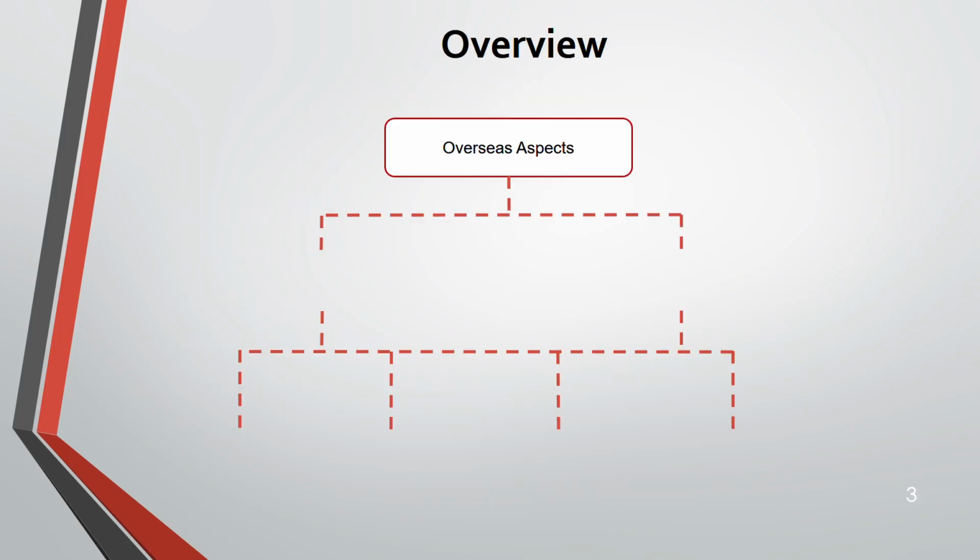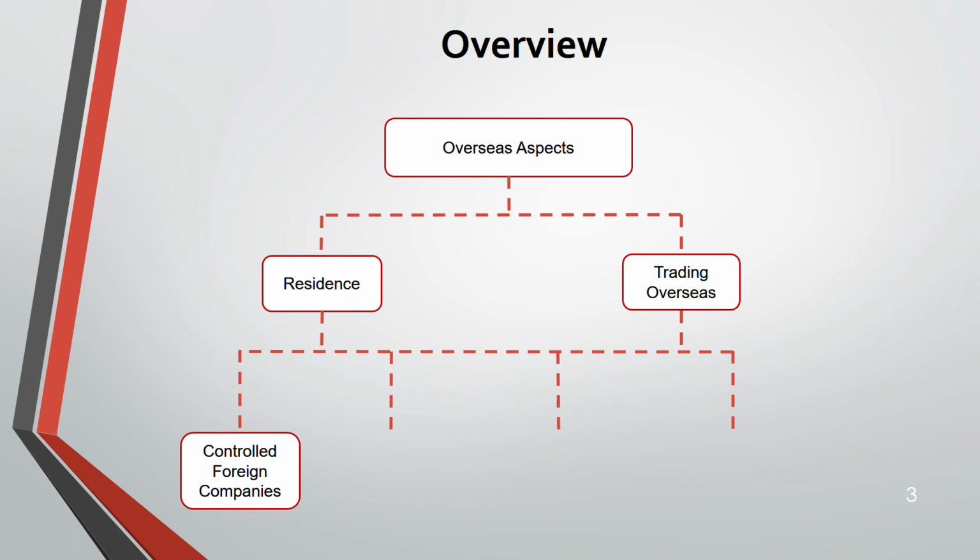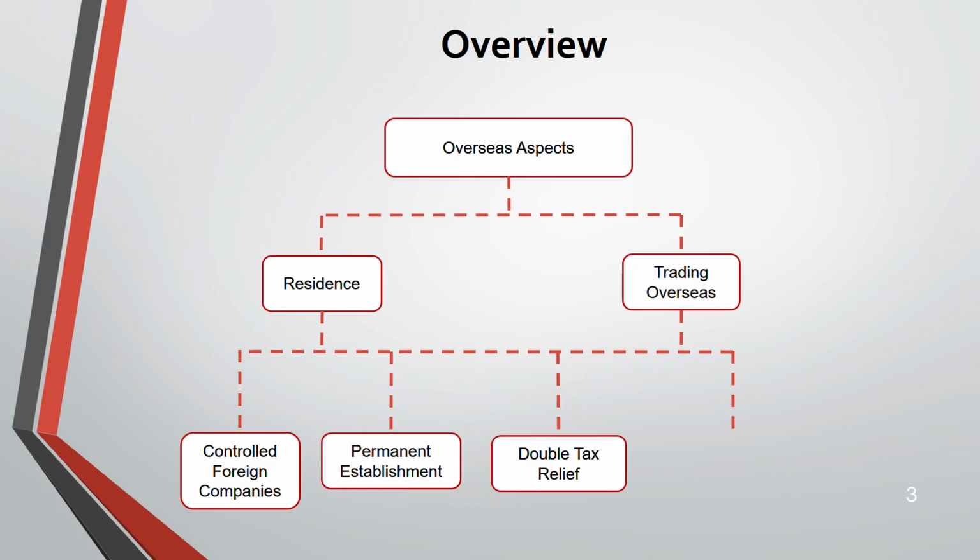So, starting with the overview: residence, trading overseas. Under residence, we are going to see whether we are operating controlled foreign companies, permanent establishment, double tax relief, and the OECD model treaty. We are going to cover these technical areas in this lecture.